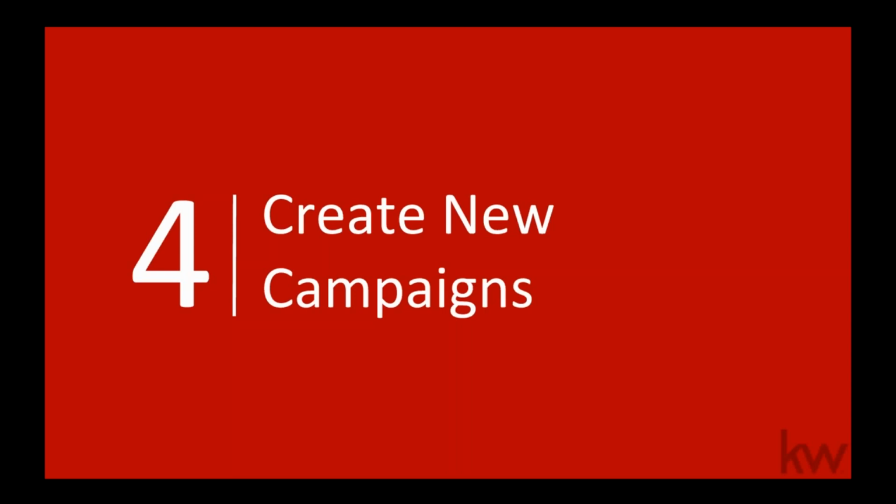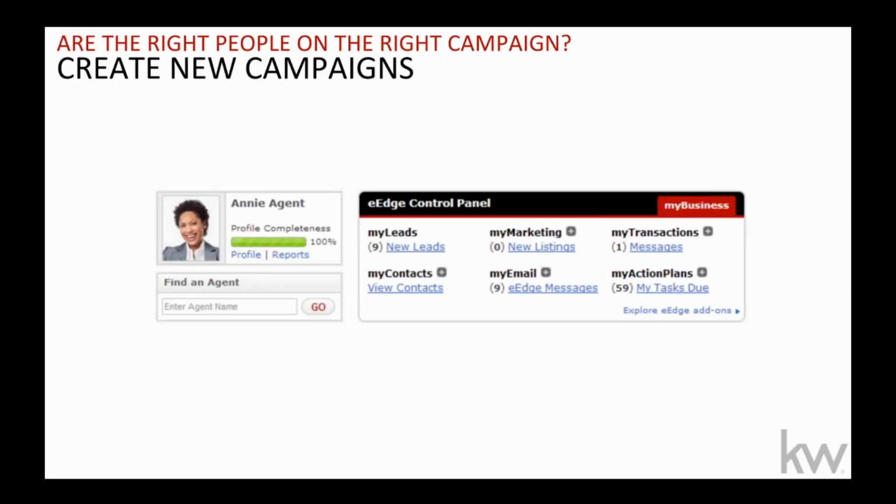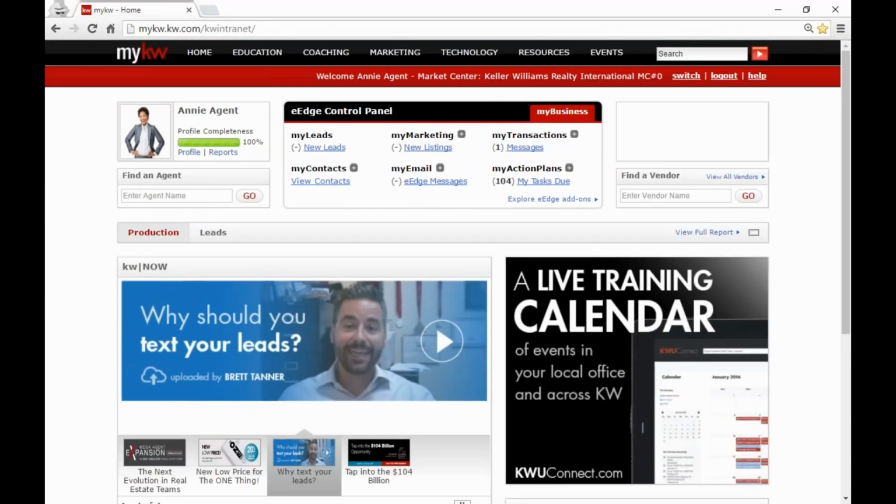All right, now we're going to click on Create New Campaigns. So we're going to go ahead and just create the campaign. We can access this directly by expanding the My Marketing module of MyKW. Now here is where we'll bring in any agent's website, and we'll walk you all through this process.